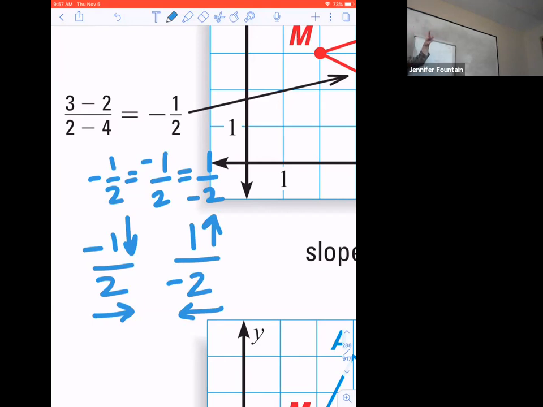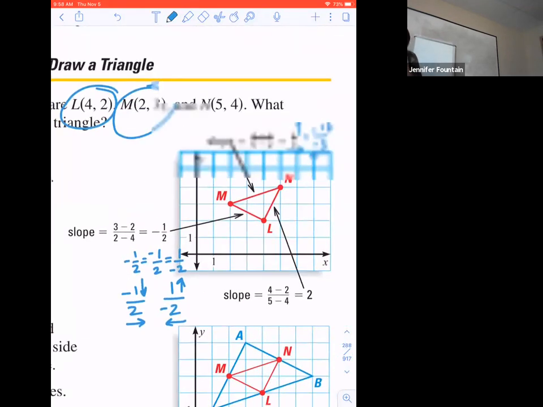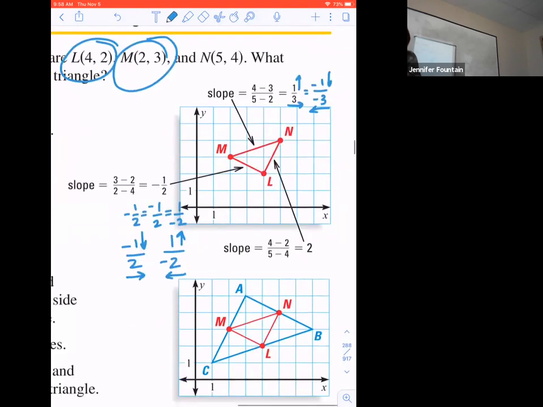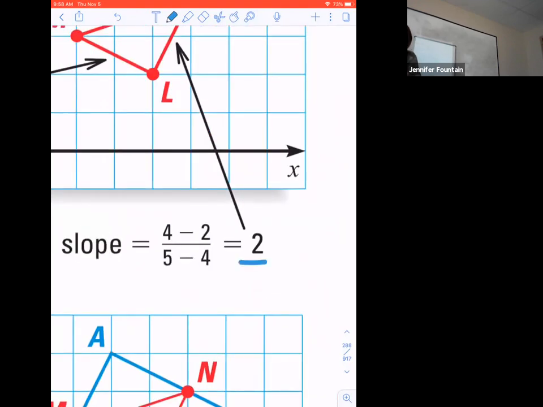But by moving, it helps me to see I can either go up and right or down and left. Okay. So I can use these slopes to determine my points. Same thing with 2. Remember, 2 is the same as 2/1, which would be the same as -2/-1. All right. So that means I can either go up and right or down and left.